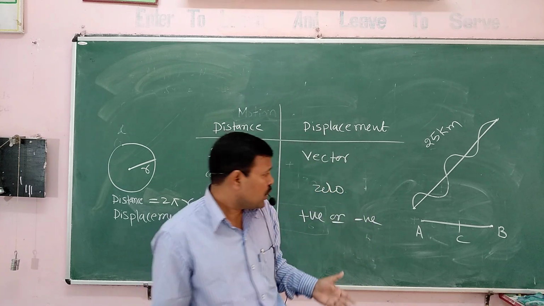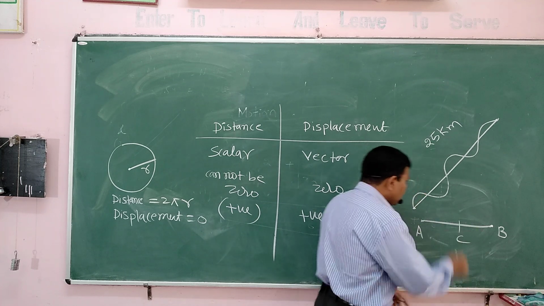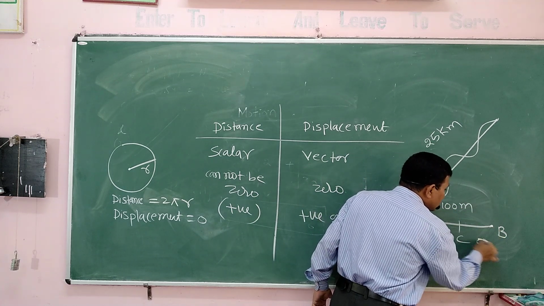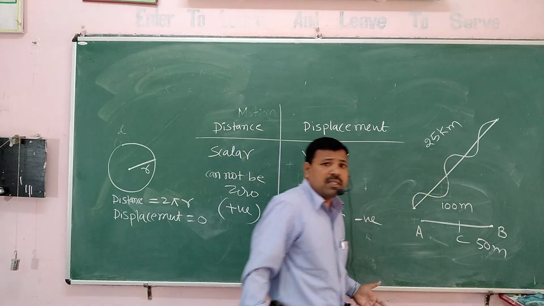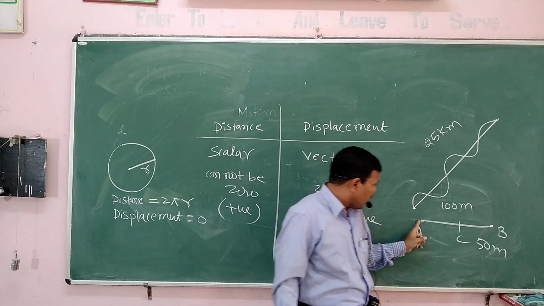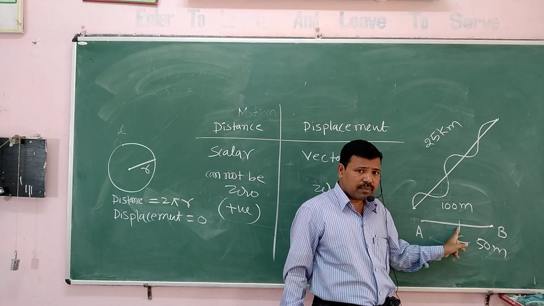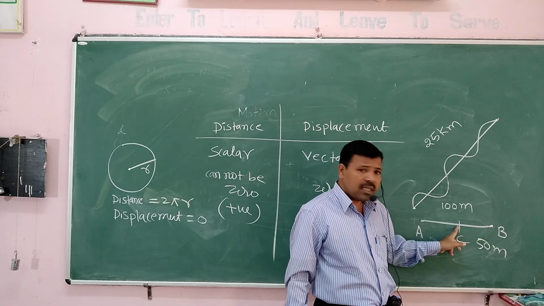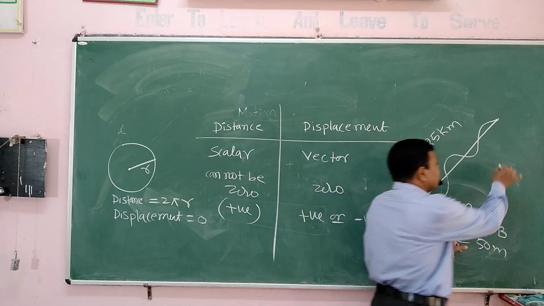Suppose A to B is 100 meter and B to C is 50 meters. What is the distance and what is the displacement? Distance from A to B and then B to C is 150 meter.